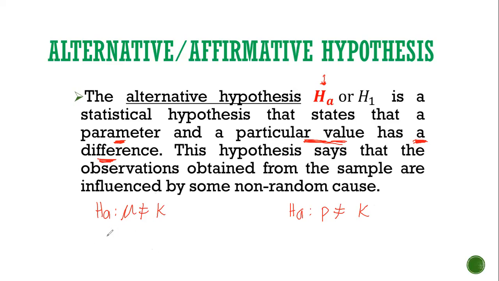Okay? So aside from that, we can also utilize what if yung pagkakaiba is that yung parameter mas malaki kesa sa particular value, greater. So ang pwede nating isulat dyan, greater than K. Pwede rin dito, that your P would be greater than K. Kasi nga may pagkakaiba, there is a difference.